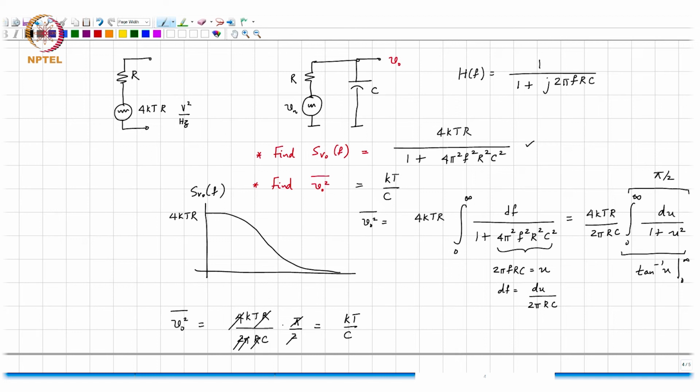That would sound to me like, oops, maybe we made a mistake. But then I trust your judgment, and I trust your competence with integral calculus, so it appears right. So kT by C. The answer turns out to be kT by C.